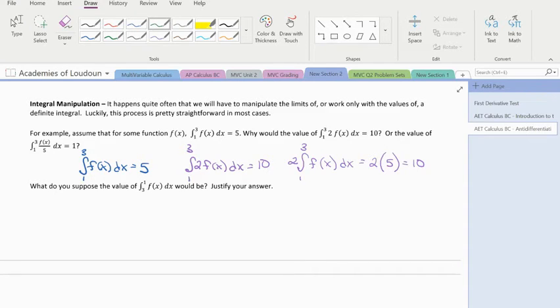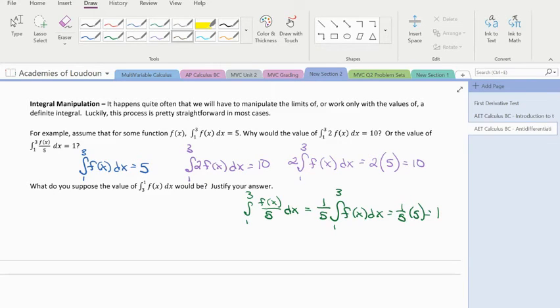Now, if we look at the integral from 1 to 3 of f of x over 5 dx, we can factor out that 1/5. 1/5 times the integral from 1 to 3 of f of x dx is then going to be 1/5 times 5, which is just going to be 1.